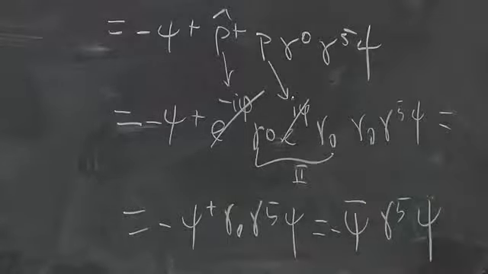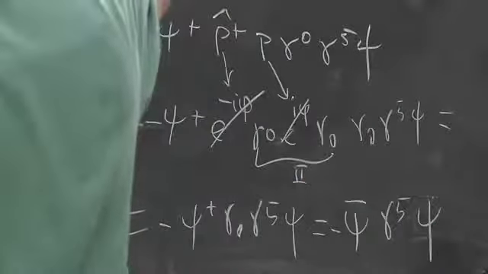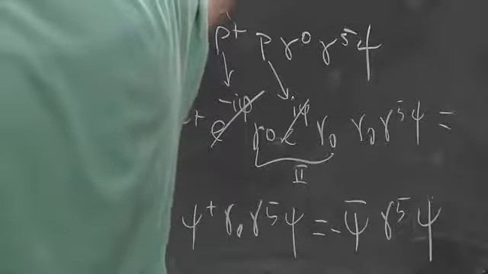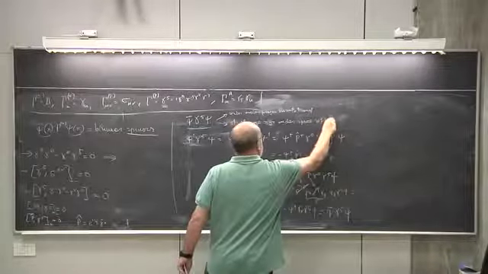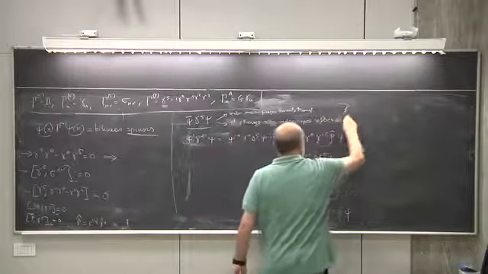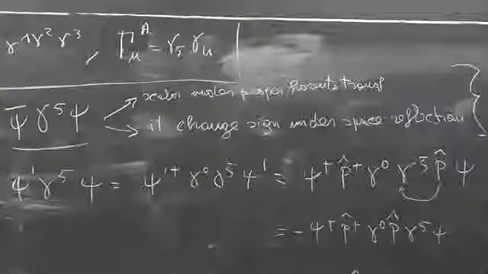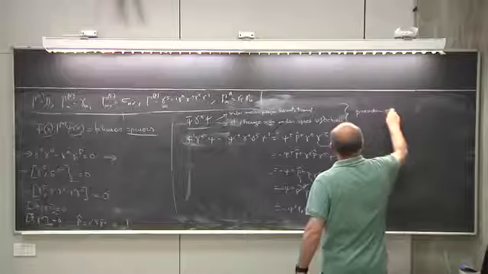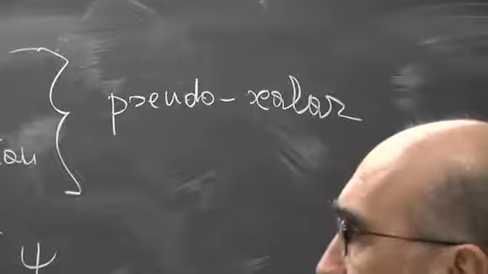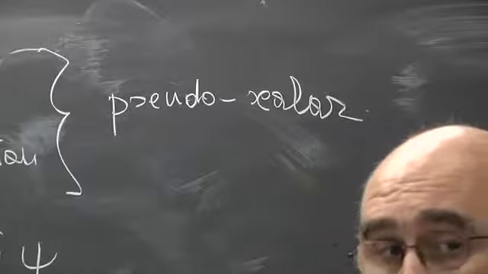So under a space reflection, it changed sign. The scalars that behave in this strange manner, that under a proper Lorentz transformation they transform as a scalar, but they change sign under space reflection, are called pseudoscalars. Are these transformations clear?